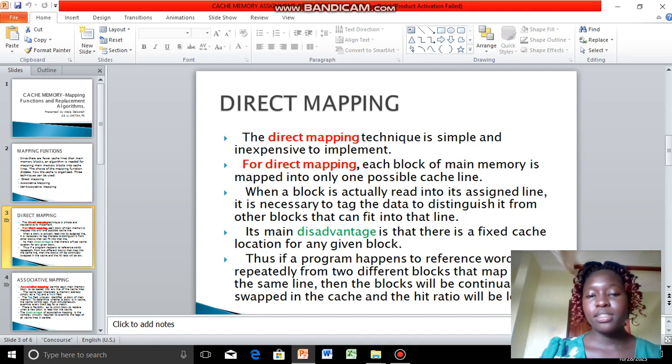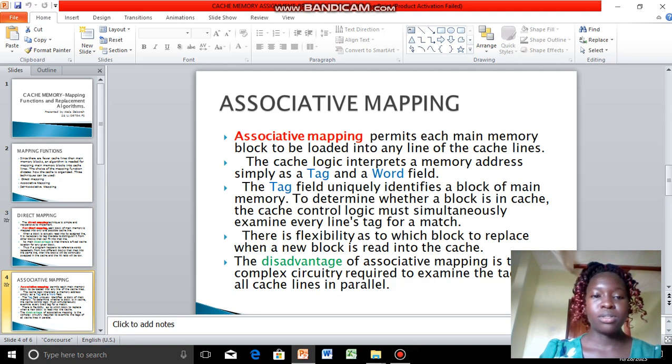The disadvantage of direct mapping is that there is a fixed cache location for any given block. Thus, if a program happens to reference words repeatedly from two different blocks that map into the same cache line, then the blocks will continually be swapped in the cache, and the hit ratio will be low. So there could be confusion.